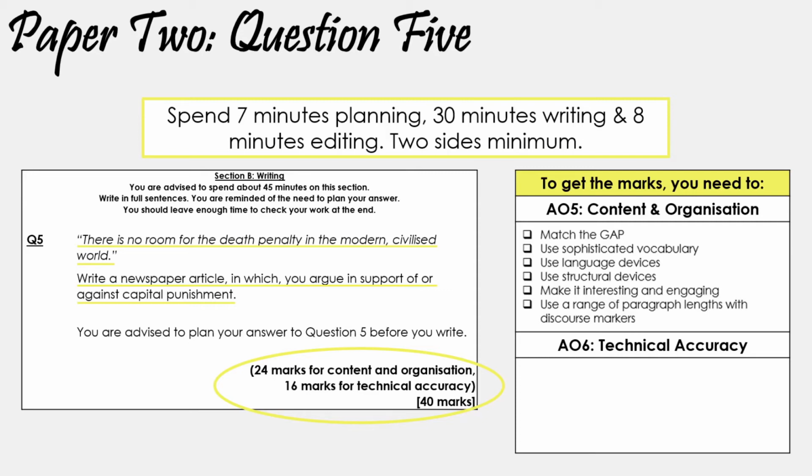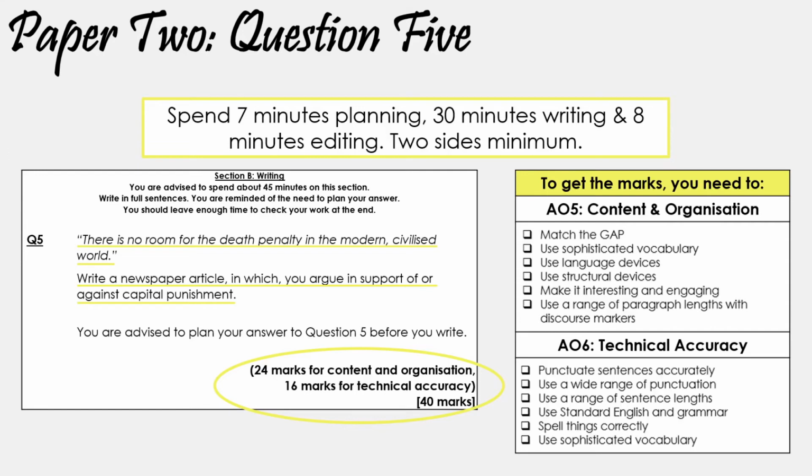And then we have Assessment Objective 6, also known as Technical Accuracy. There are 16 marks available for this. First, you get marks for punctuating sentences accurately, so ending questions with question marks, using apostrophes in the right place, that sort of thing.